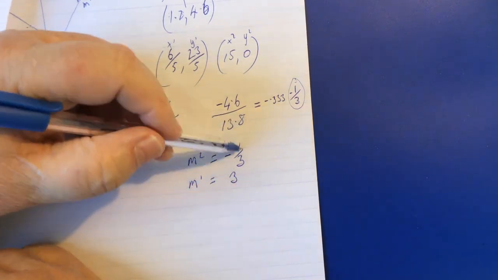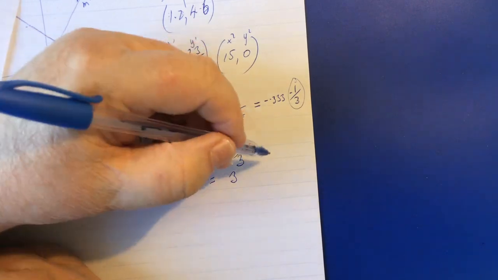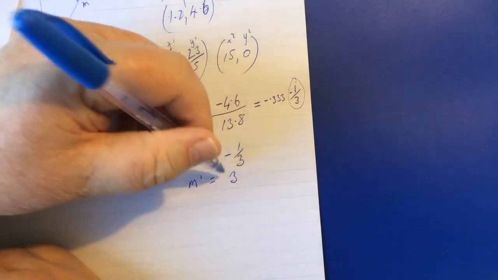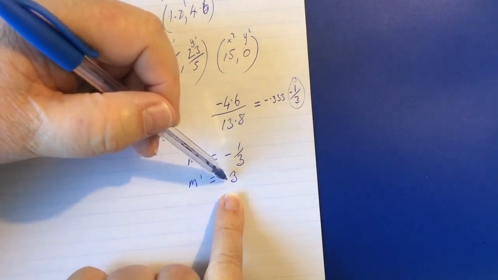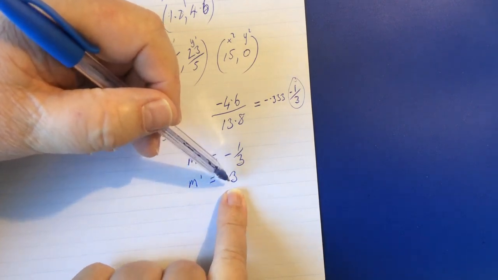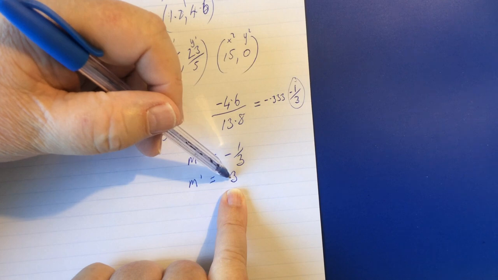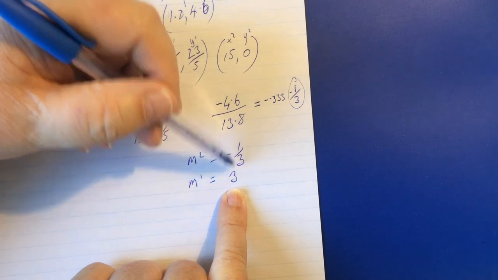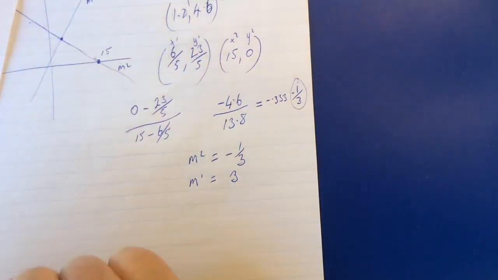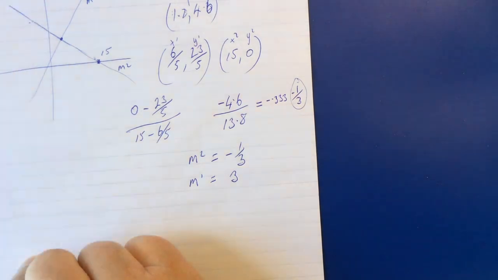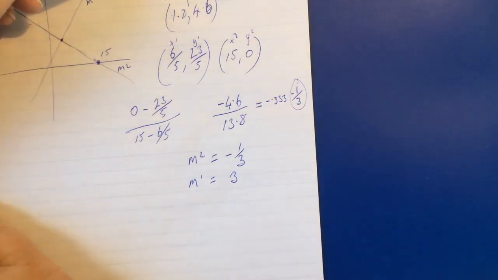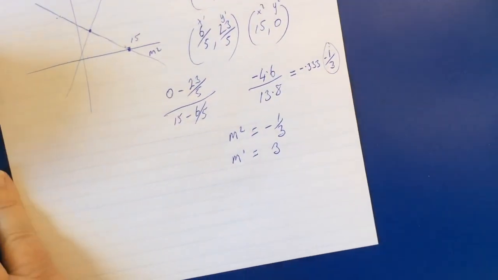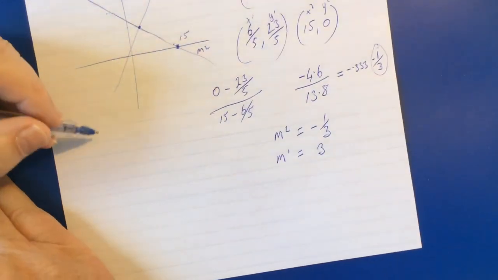The relationship between these is that where you have perpendicular lines, the line that's perpendicular to this will be negative 1 over this number, so negative 1 over 3. Okay, well, that's really good news. That's really simplified things. So, what do we know about these equations?